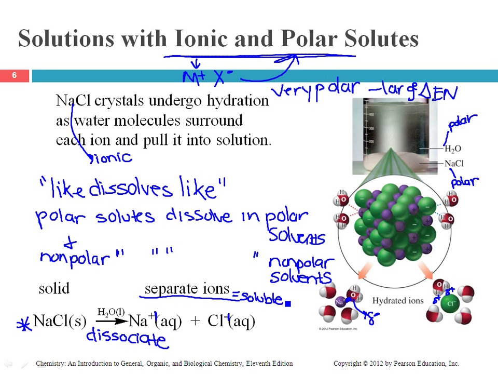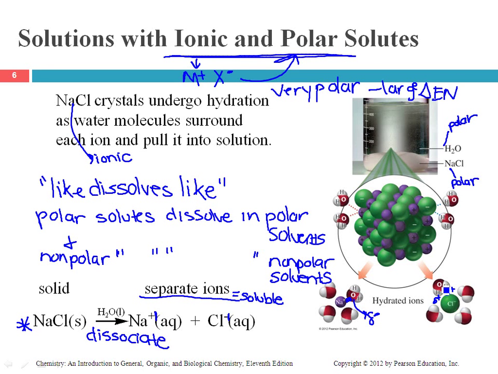So the key here: like dissolves like. Polar solutes dissolve in polar solvents due to this interaction of solvation, where positive charges interact with negative charges, opposites attract. You have this negative charge from your chloride and a positive charge from your sodium that you're able to dissociate and pull apart into separate ions to be soluble in water.